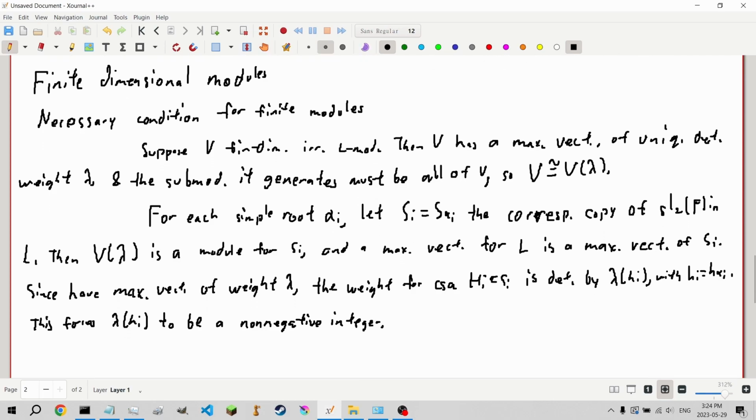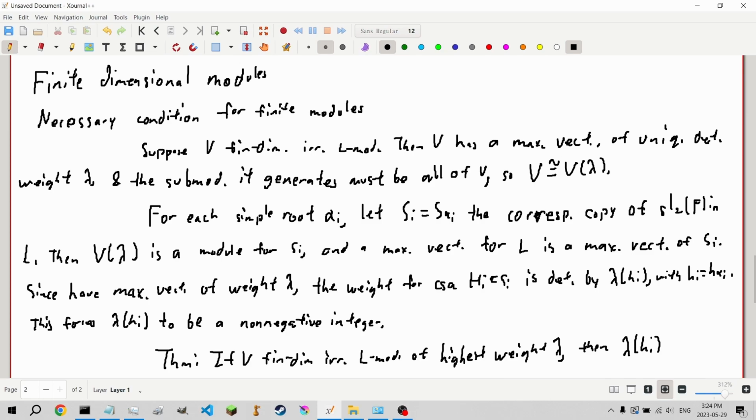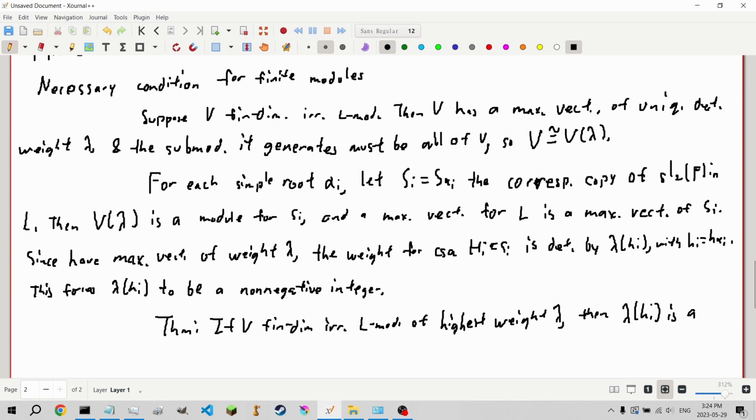And from that we get a theorem for free, which states that if V is a finite dimensional irreducible L module of highest weight lambda, then lambda of Hi is a non-negative integer.